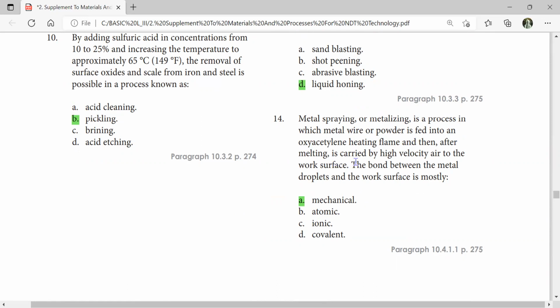Then after melting it is carried by high velocity air to the work surface. The bond between the metal droplets and the work surface is mostly mechanical.